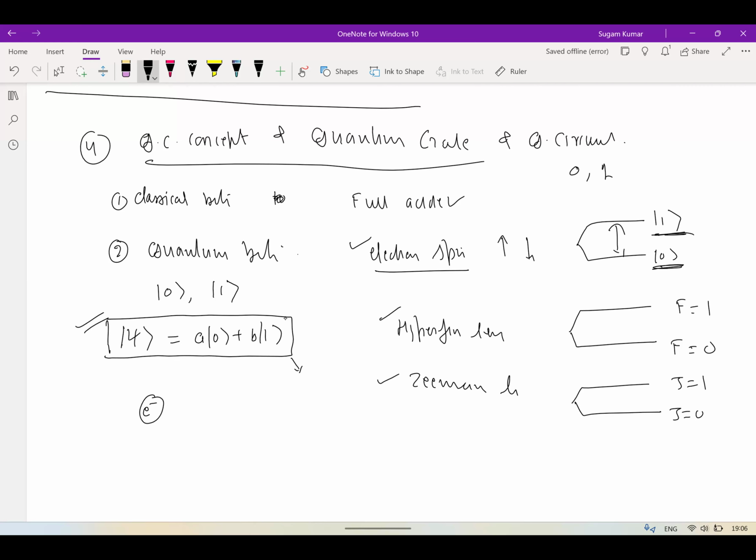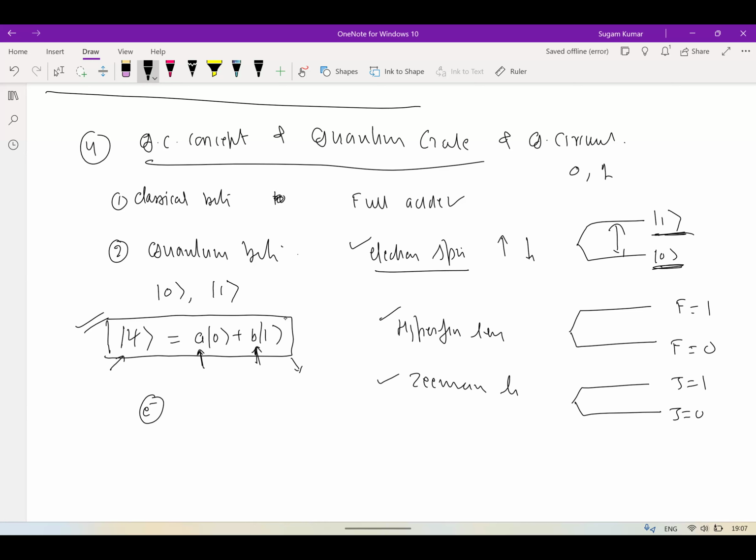But to define this state, you have to define these two complex numbers. So to define the wave function of a single qubit in a superposition, you have to define these two complex numbers A and B. And this is where quantum mechanics or quantum computing gets its supremacy.